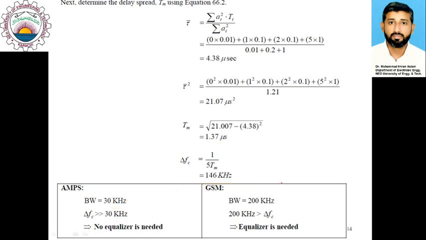But if we look at the GSM signal, which has a bandwidth of 200 kilohertz, and compare it with the coherence bandwidth of the channel, which is only 146 kilohertz, that is smaller than the signal bandwidth. Because of that, in this implementation you would need an equalizer to compensate for the distortion caused by the channel. This distortion would be there because of the frequency selective nature of that particular channel.